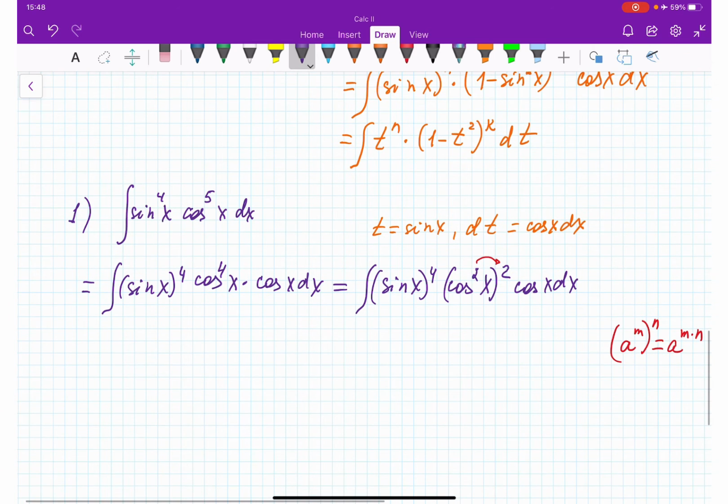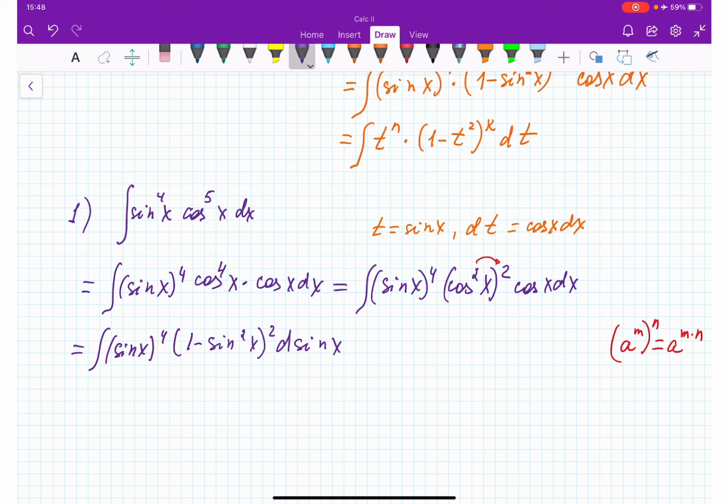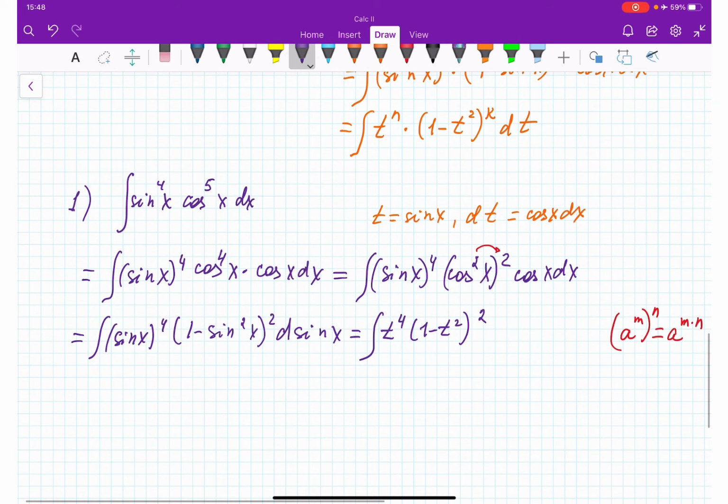Okay, as a result, we get sin x to power 4 times 1 minus sin square x squared, right? And d sin x, which is going to be equal, I am plugging t to power 4, 1 minus t squared, and dt, right?